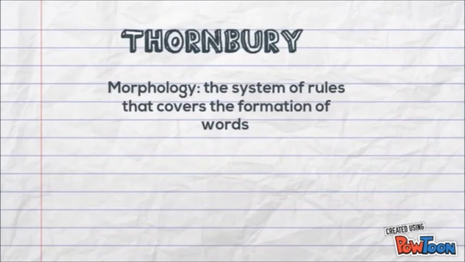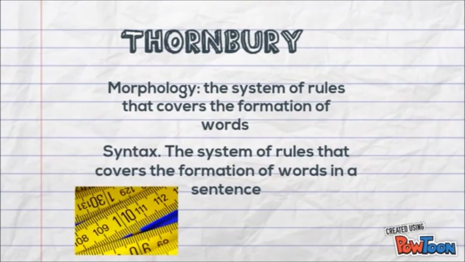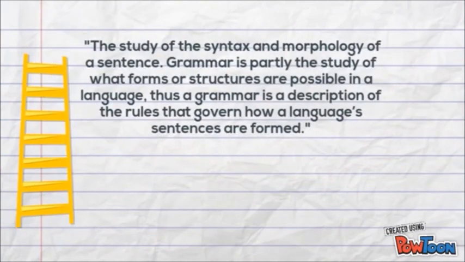Morphology is the system of rules that covers the formation of words, and syntax is the system of rules that covers the formation of words in a sentence. Considering this, he states that grammar is the study of the syntax and morphology of a sentence.